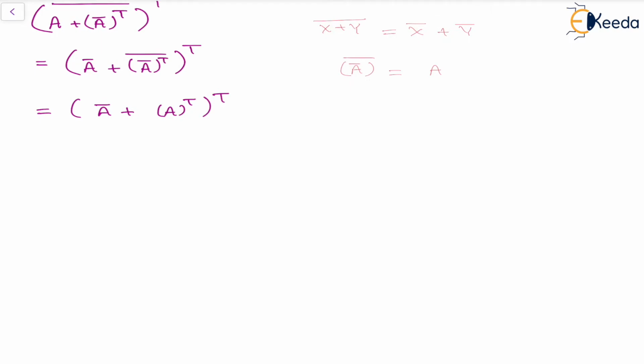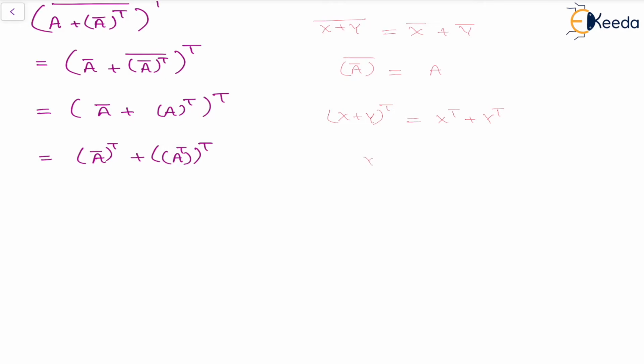Now, as x plus y transpose can be written as x transpose plus y transpose, this becomes A conjugate transpose plus transpose of A transpose.